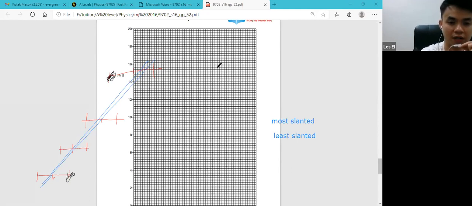You draw a line connecting these. What about the other points? We don't care about that. That is the most slanted. What about the least slanted? The least slanted means from the left of your first data to the most right of the last data. That is the least slanted.